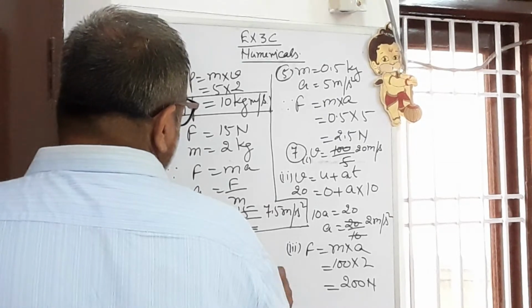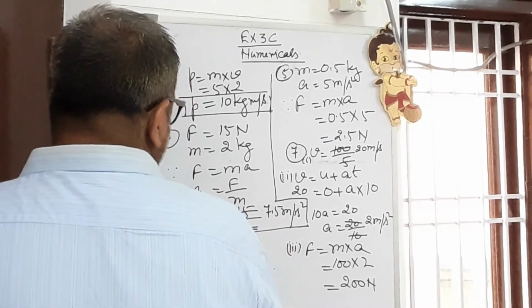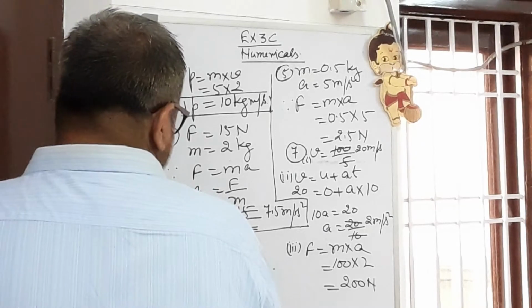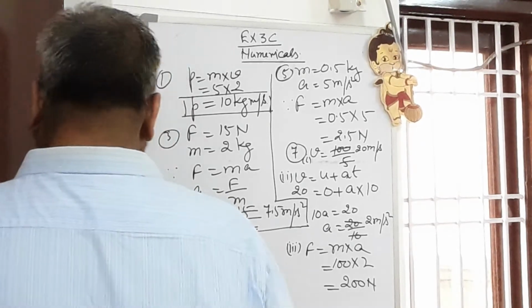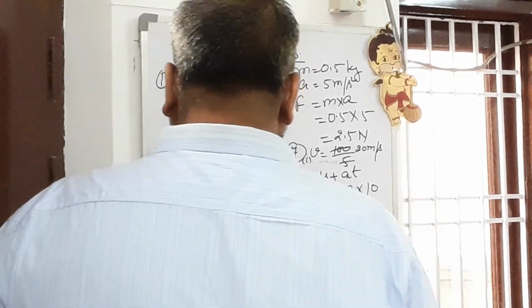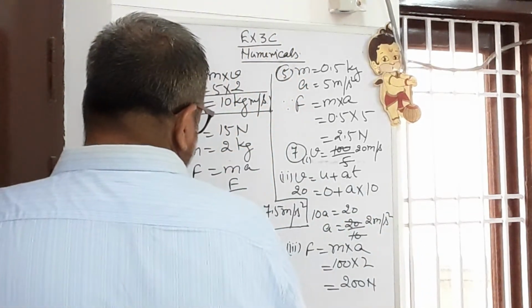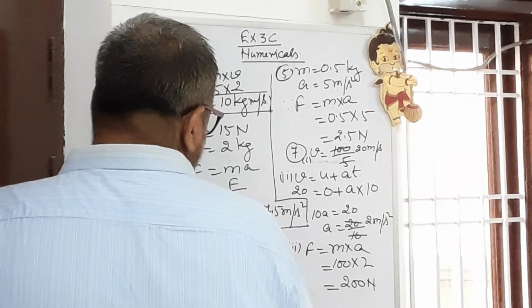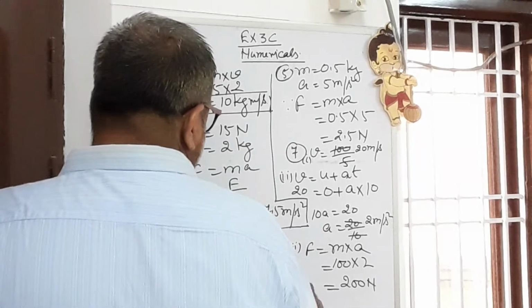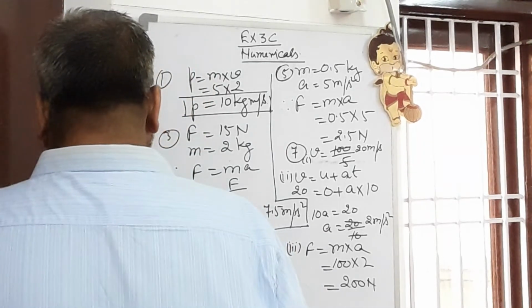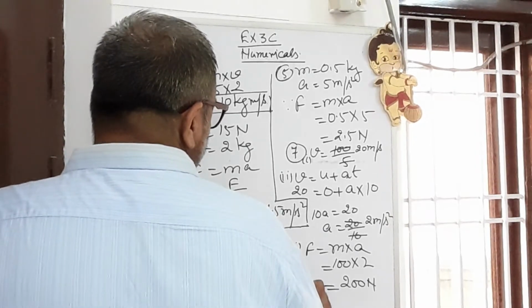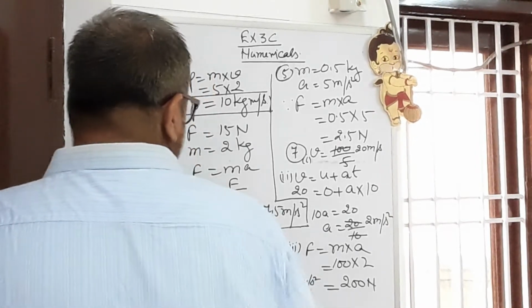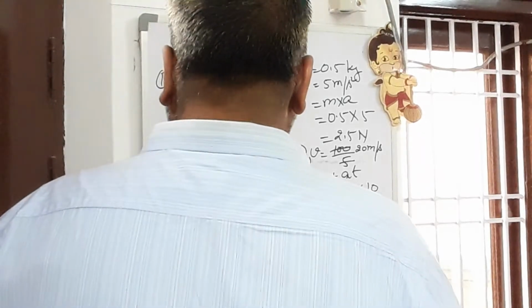Acceleration is not known. So a is equal to V upon T. Velocity 20 minus 0 upon time, 5 seconds. 4 meter per second square.